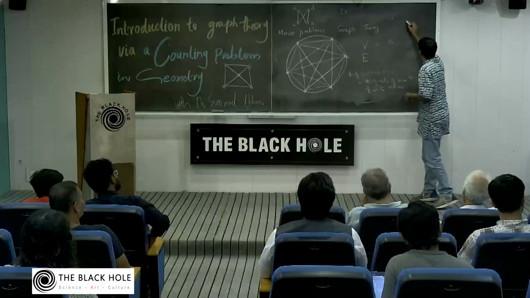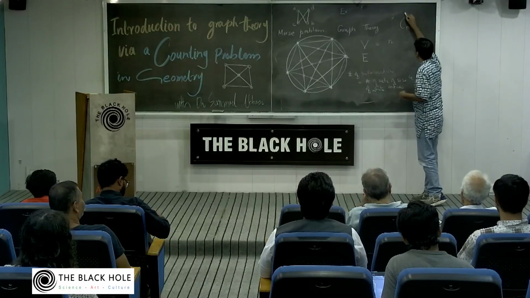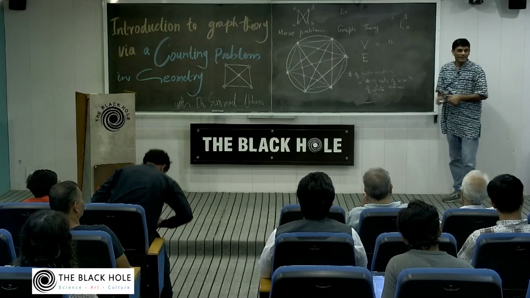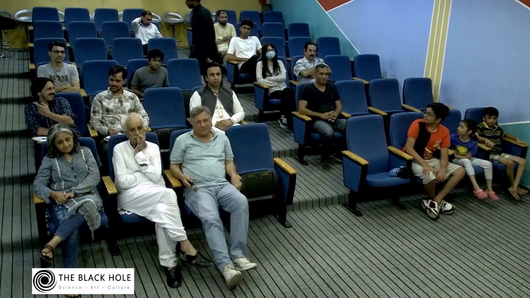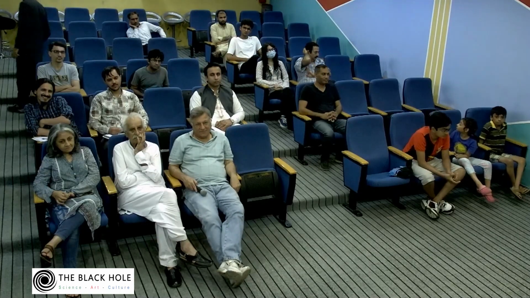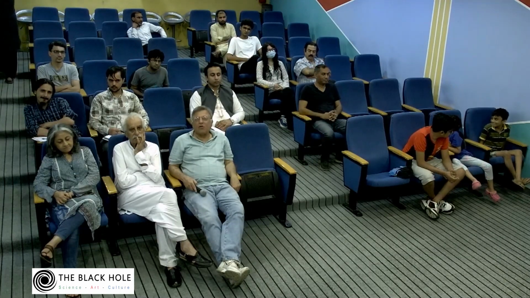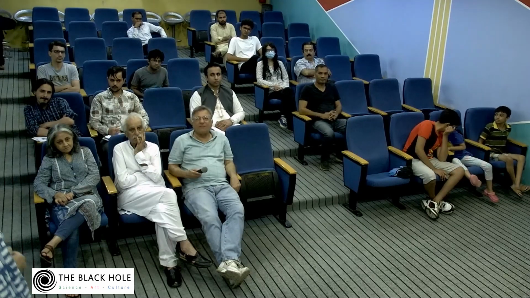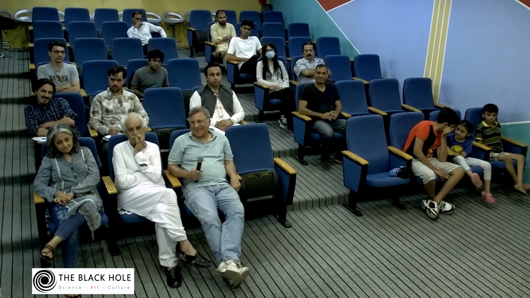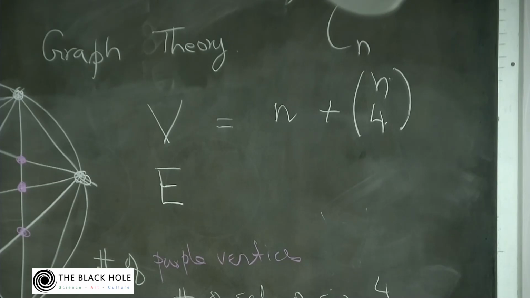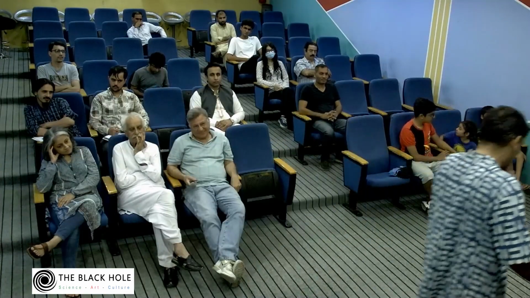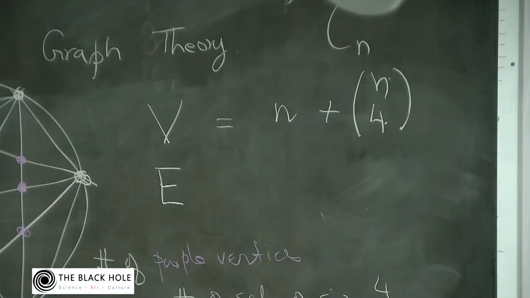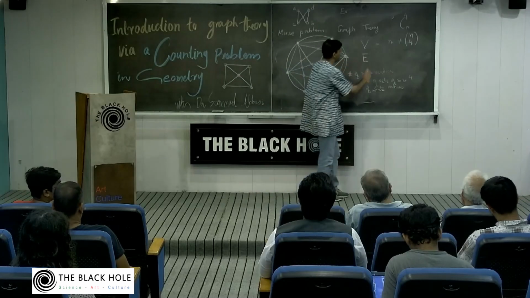They used to call it NC4 in notation, which I never understood, but the standard thing is just to write n choose 4. So that's the number of vertices we have. All right, let's count the number of edges.